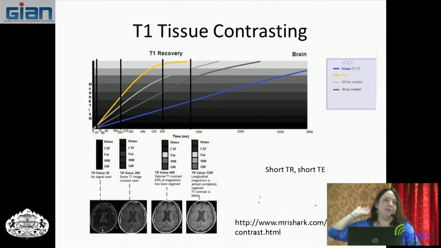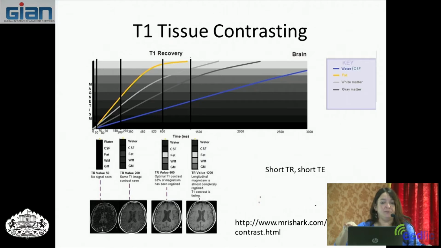So we actually tip them at the resonant frequency of hydrogen, and then as they relax back into the field to try to line up in the field, we can use the fact that different tissues relax at different rates to make this contrasting. So if you look at the plot here, hopefully you can see it okay.